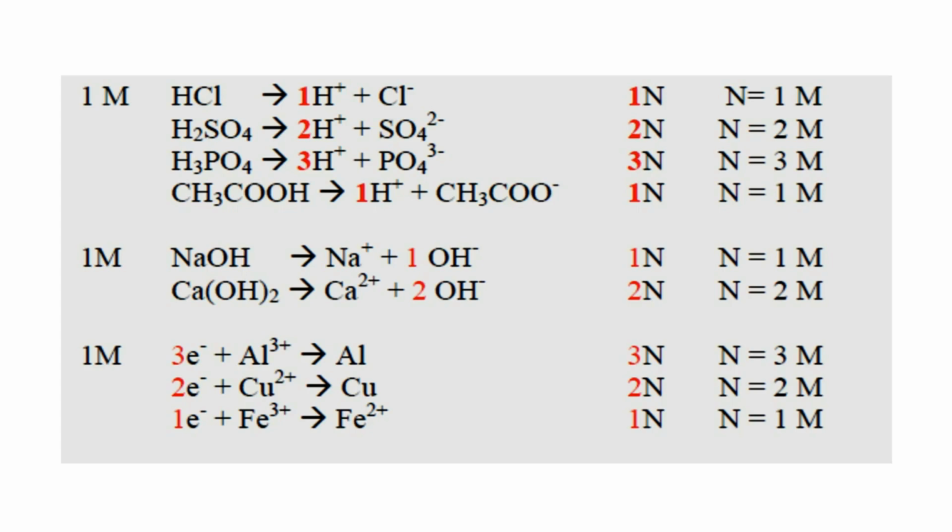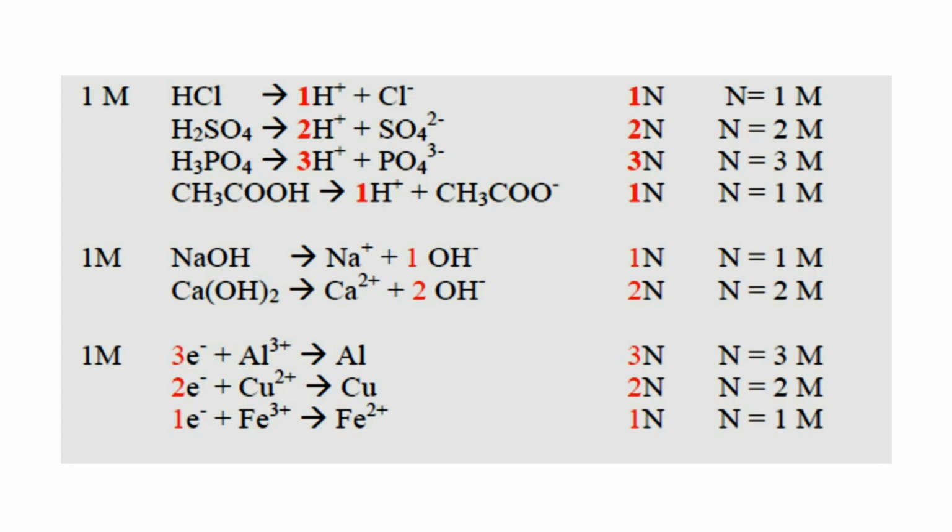Then for the normality, because normality is equal to the equivalent per mole times molarity, for sulfuric acid it will be 2 times molarity. For phosphoric acid it will be 3 times molarity, and for acetic acid it will be 1 times the molarity. For sodium hydroxide it will be equal to 1 because of 1 hydroxide. For calcium hydroxide the equivalent per mole will be 2 because of 2 hydroxide.